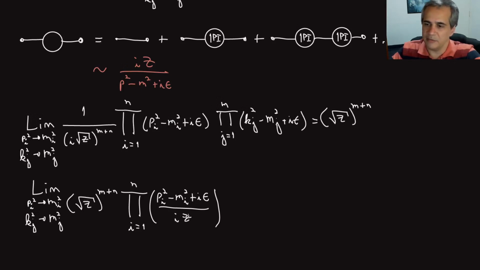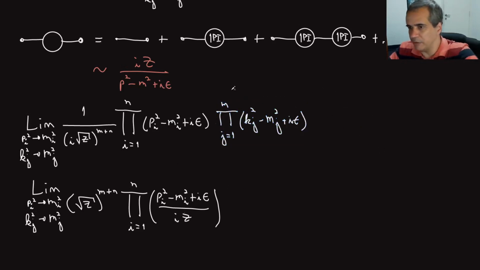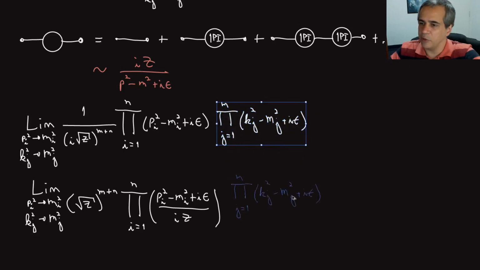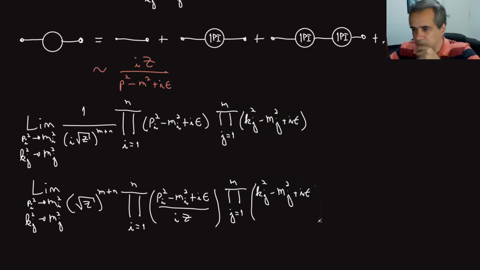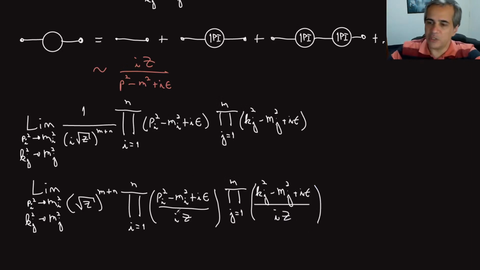That gives me a power n of Z in here, and the i I just brought here. And I'll do the same for m. So this product also becomes this, which is the inverse of this expression.